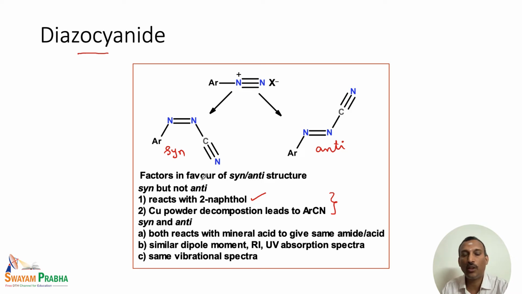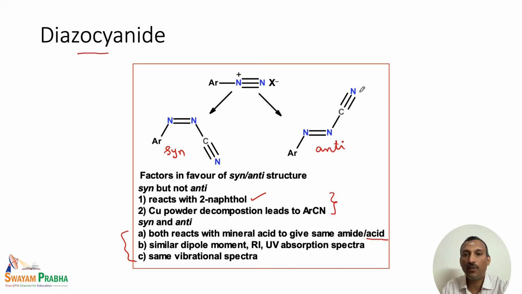So they are talking about only one structure, restricting to this particular structure, which is more reactive or highly reactive. And syn and anti both are possible using these three experimental evidences. That means both react with mineral acid to give the same amide or acid.